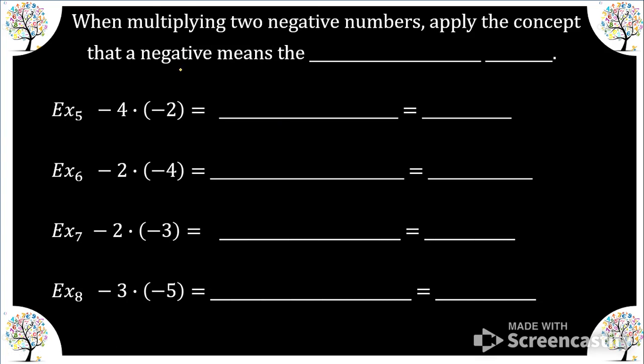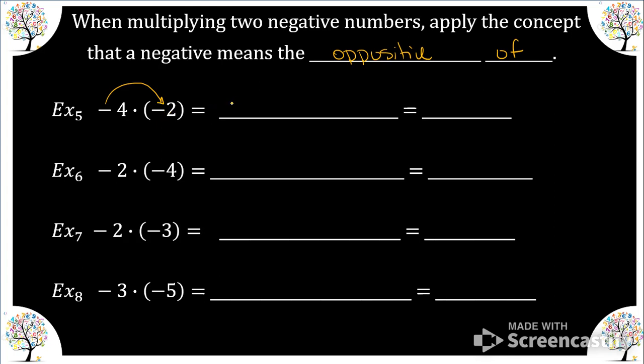Okay, so when multiplying two negative numbers, apply the concept that a negative means the opposite of. So when we have negative 4 times negative 2, if we just look at this negative, and it means opposite of, if we take the opposite of negative 2, that becomes positive.